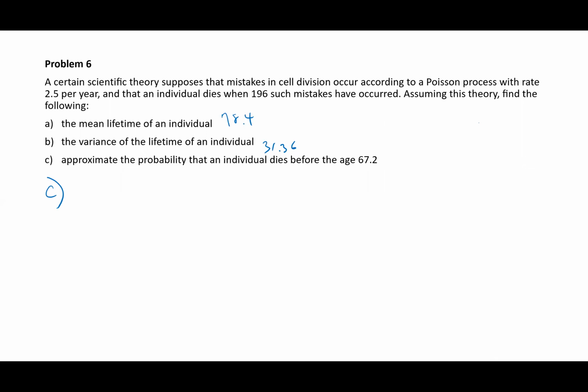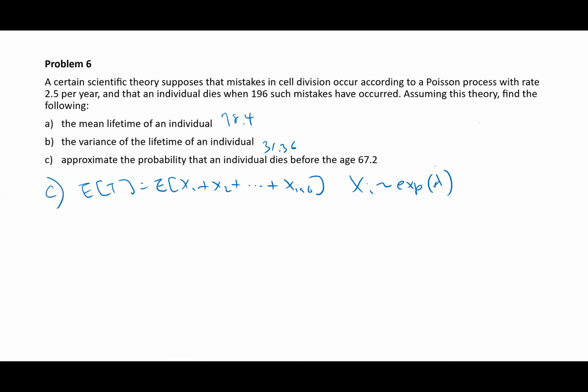If you look at the variables x1, x2, and x3, remember we were trying to find the expected value of t, which was the expected value of x1 plus x2 and on, all the way to x196. Each one of these xi's is exponentially distributed with parameter lambda.